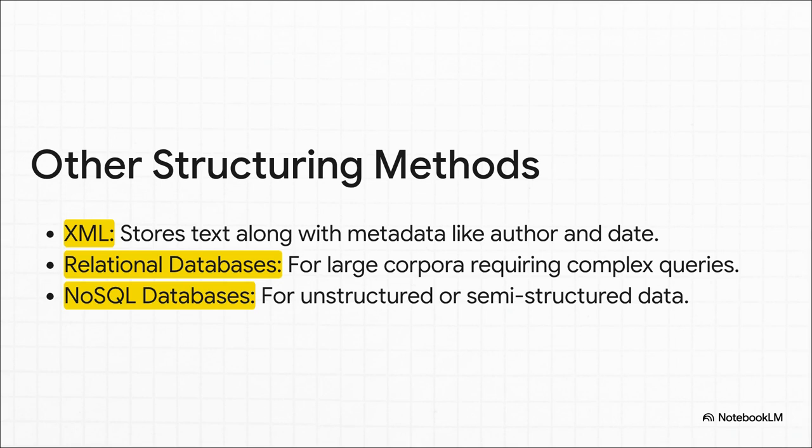Now, data frames are great, but they're not the only tool in the shed, of course. If your text has a lot of extra info, metadata like authors and dates, something like XML might be a better fit. And if you're dealing with absolutely massive amounts of text that you need to search through, you might turn to a database, either SQL or NoSQL. Like any engineering choice, it's all about trade-offs. You're balancing complexity, flexibility, and the specific needs of your project.